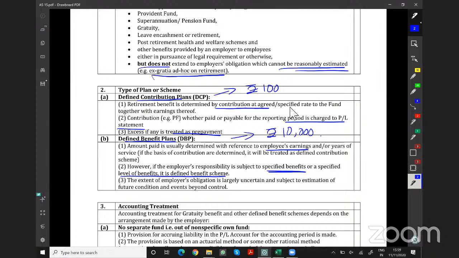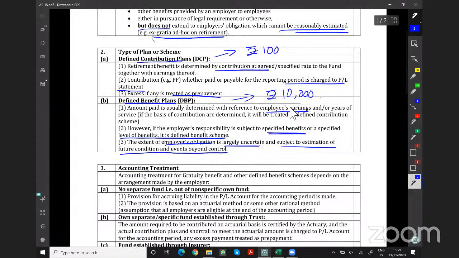Means you should pay minimum 10,000 at the time of retirement. So this is a defined benefit scheme. Then the other plan: the extent of the employer's obligation is largely uncertain and subject to estimates and further conditions and events beyond his control.